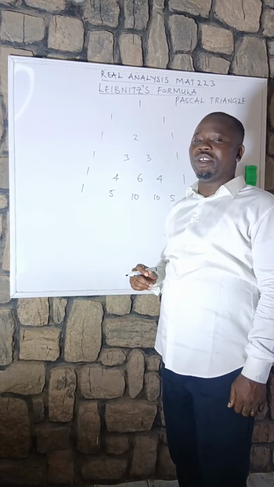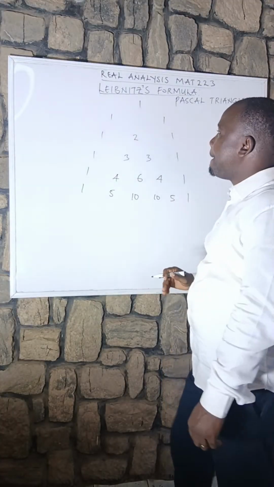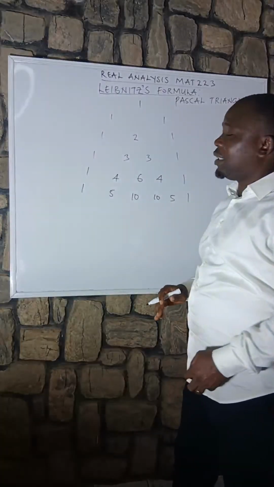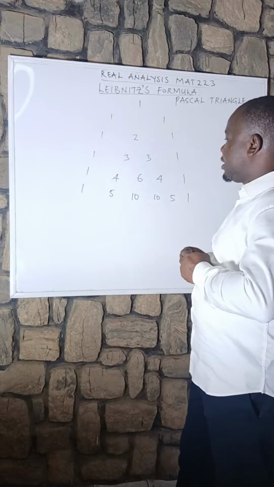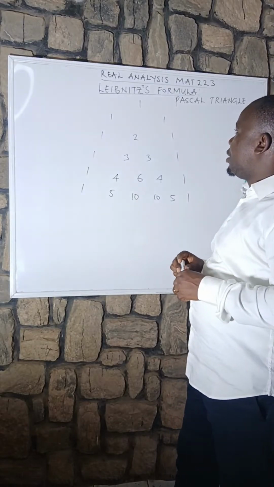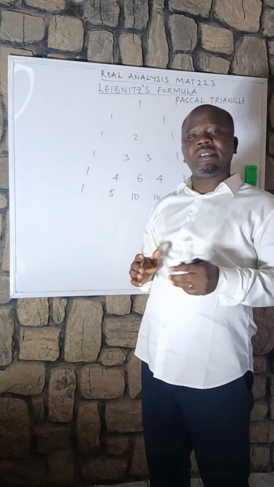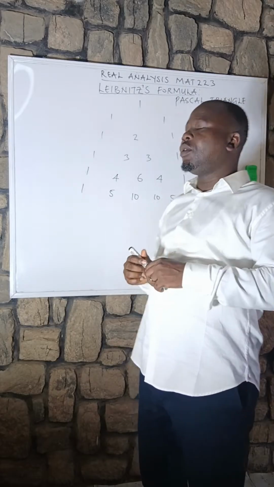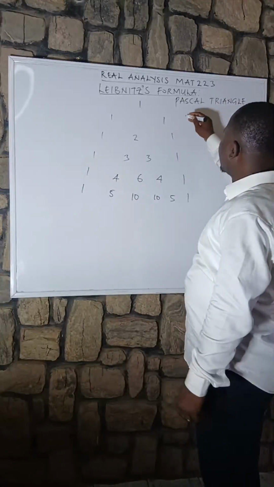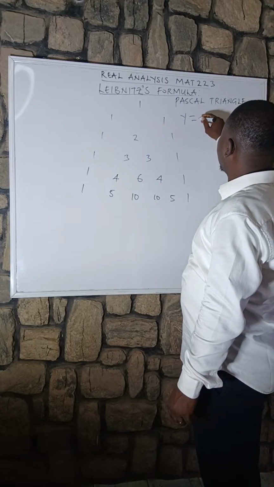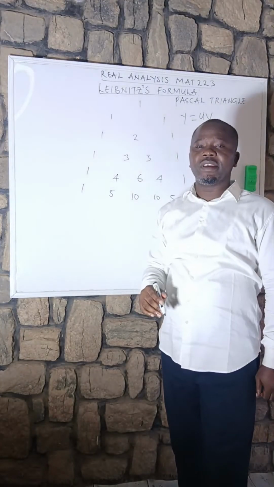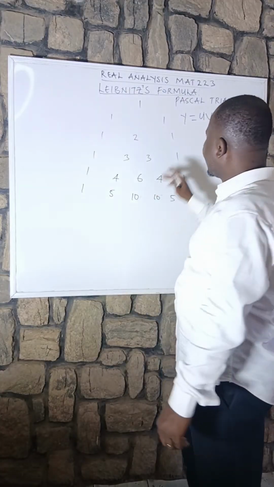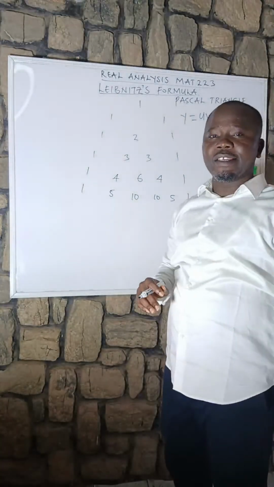Otherwise, you won't be able to make use of this formula to evaluate any function. Is that clear? Yeah. Then this will also remind us of the product rule, y is equal to uv. Is that clear? This will remind us of the product rule, y is equal to uv.